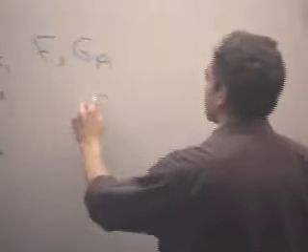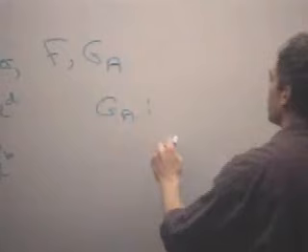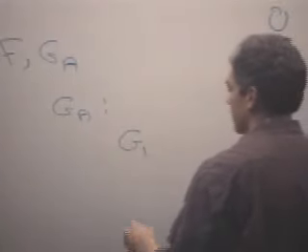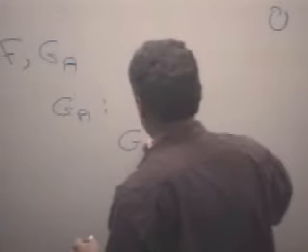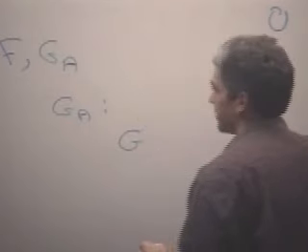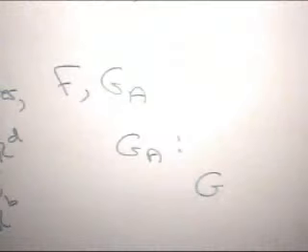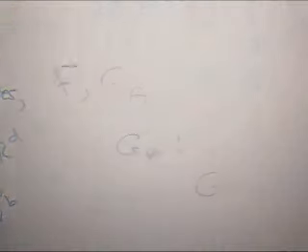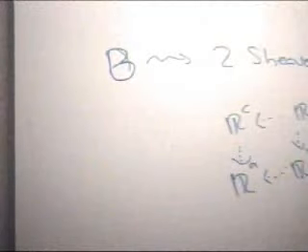The sheaf G sub A is formed by taking, starting with a basic sheaf. Now it's going to depend on what, oh, I shouldn't use A actually.